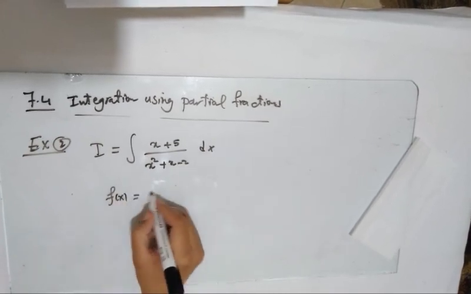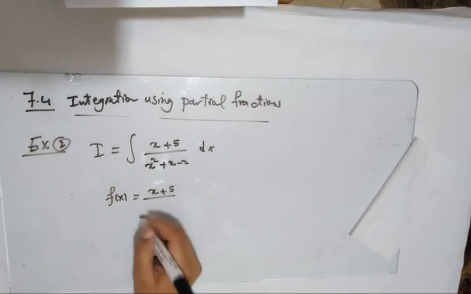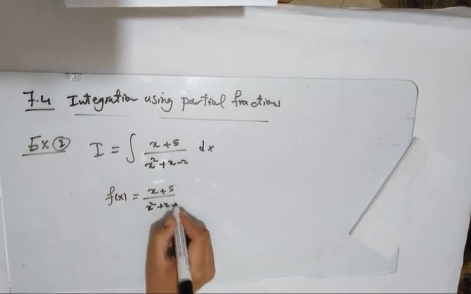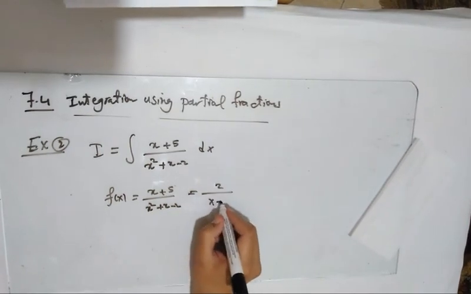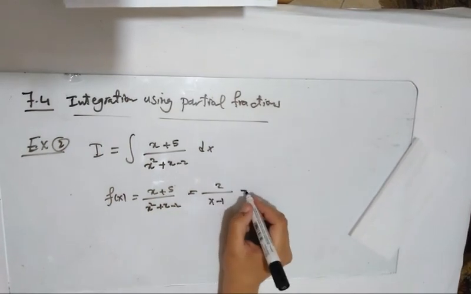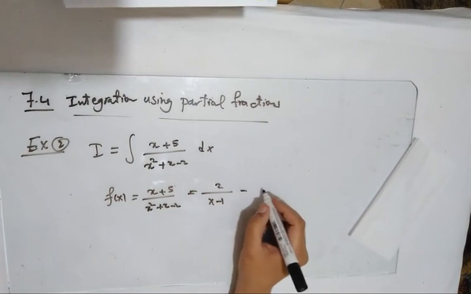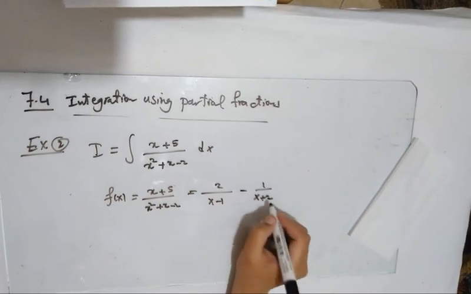We can rewrite this fraction as the sum of two easier fractions, which is 2 over x minus 1 minus 1 over x plus 2.